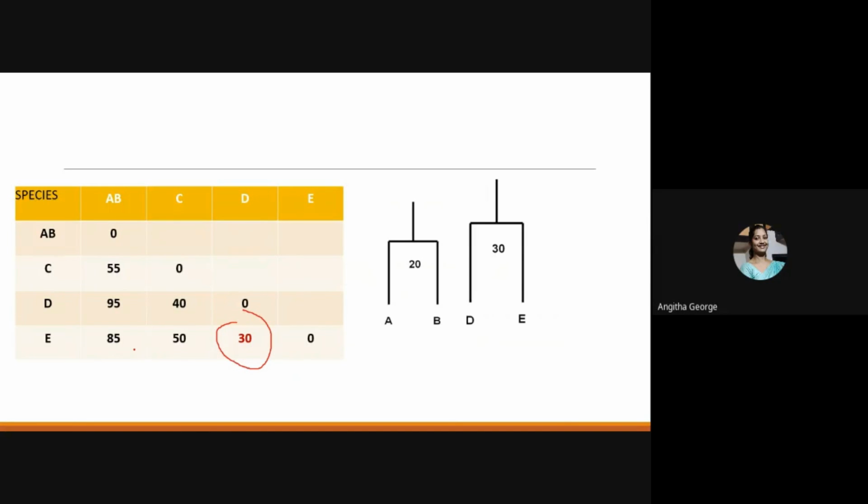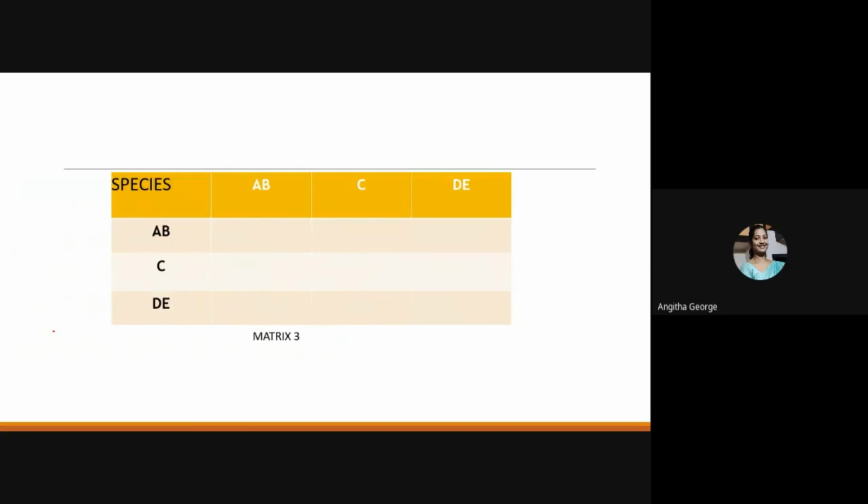Then we have to do step 2. That means we have to recalculate or construct a new distance matrix. So I group D and E. So our new distance matrix will look like this. Already AB is grouped, then C is there and DE is there. So we have to fill this matrix. How? Using the same equation, we can fill this table.